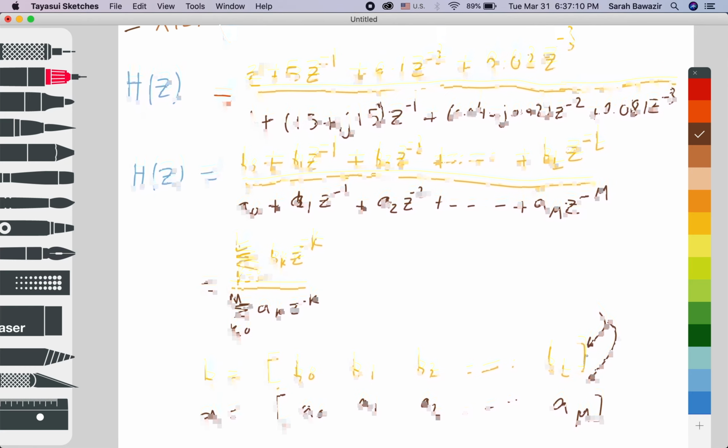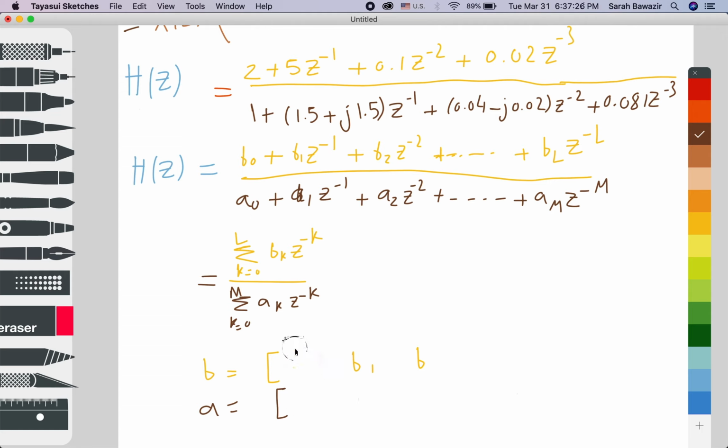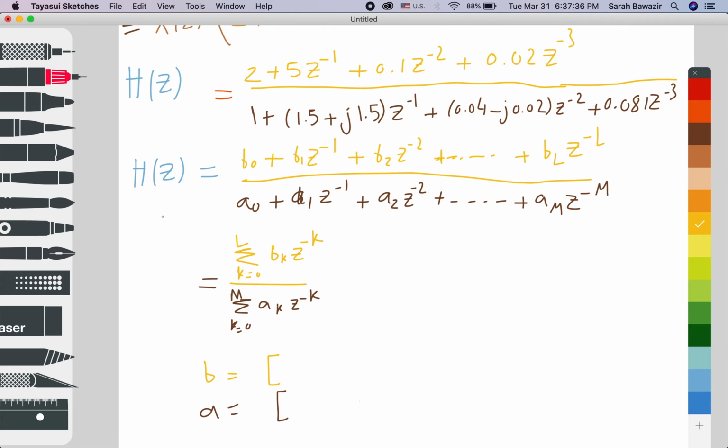So in our case here, what is B0? B0 is 2. What is B1? It is 5. B2 is 0.1.